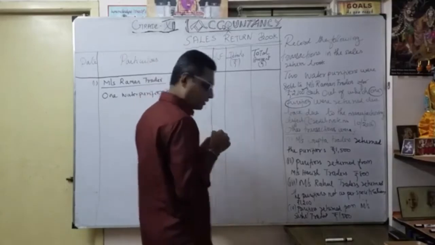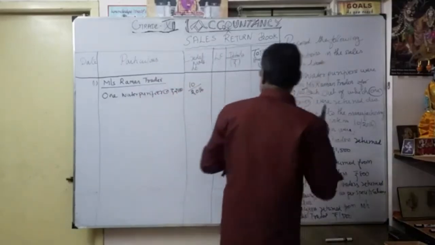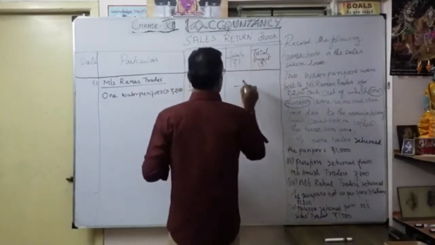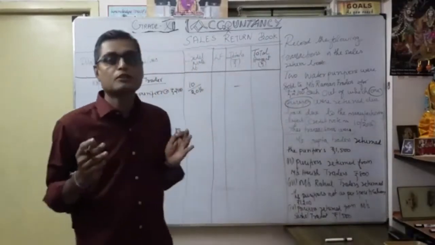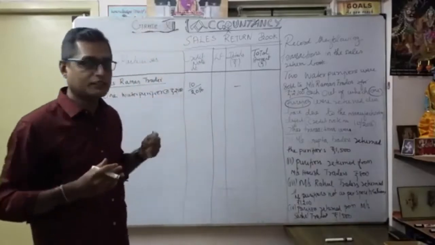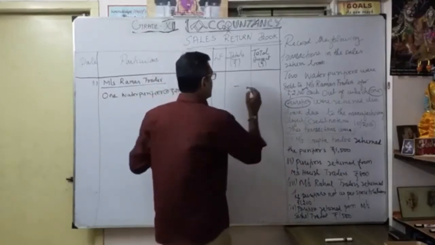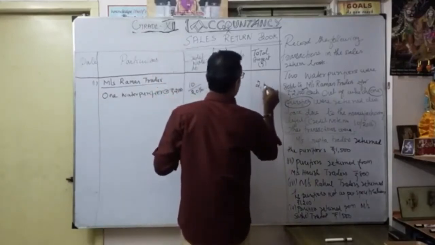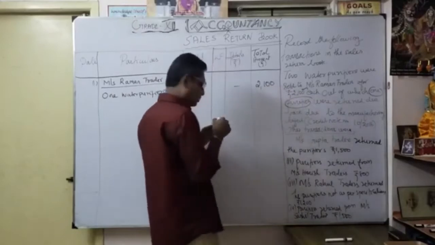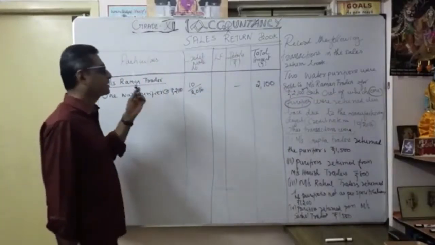That's why the number is very, very important. Then how much value? Only one. So here details is nil because we are not going to deduct any discount. No discount allowed, so naturally no need to show the details column here. We can write it directly, 2,100. So the first one returned one water purifier from Raman Traders.